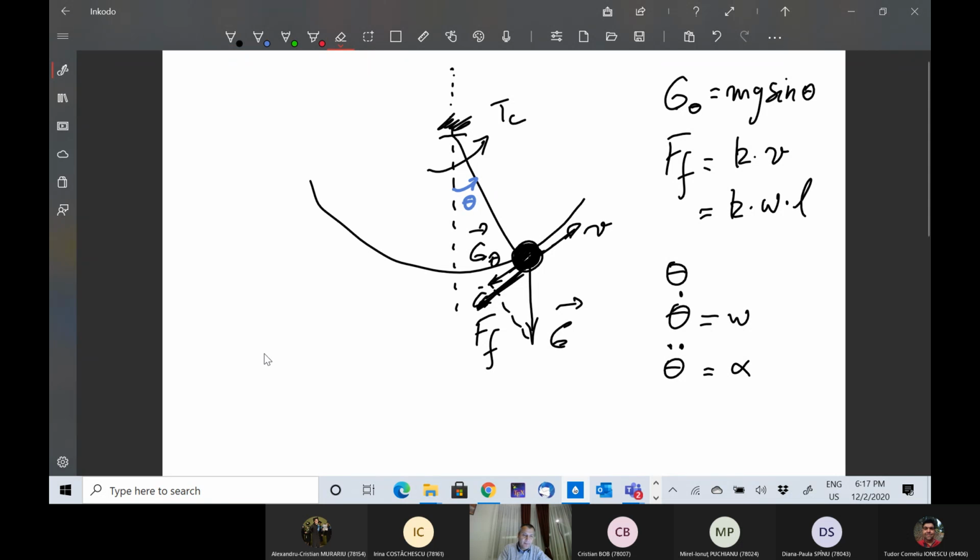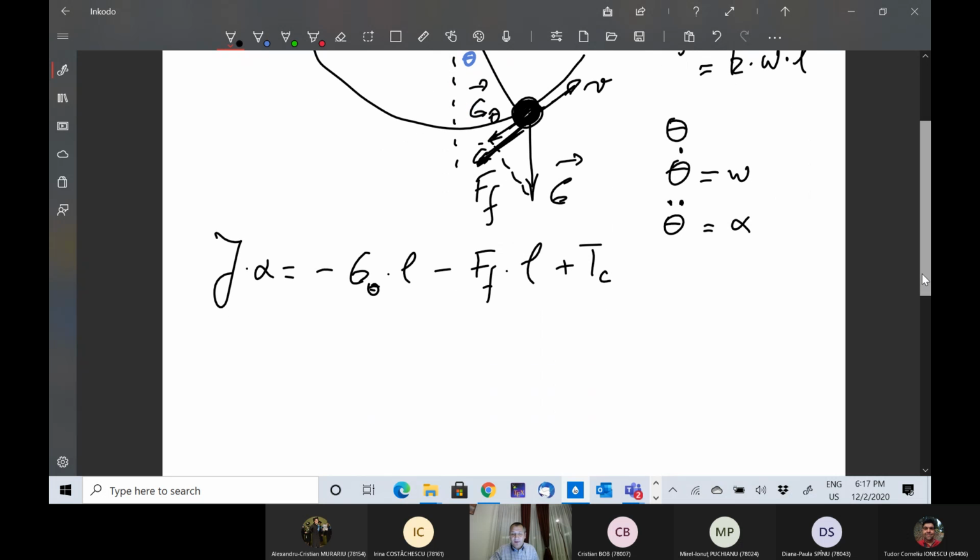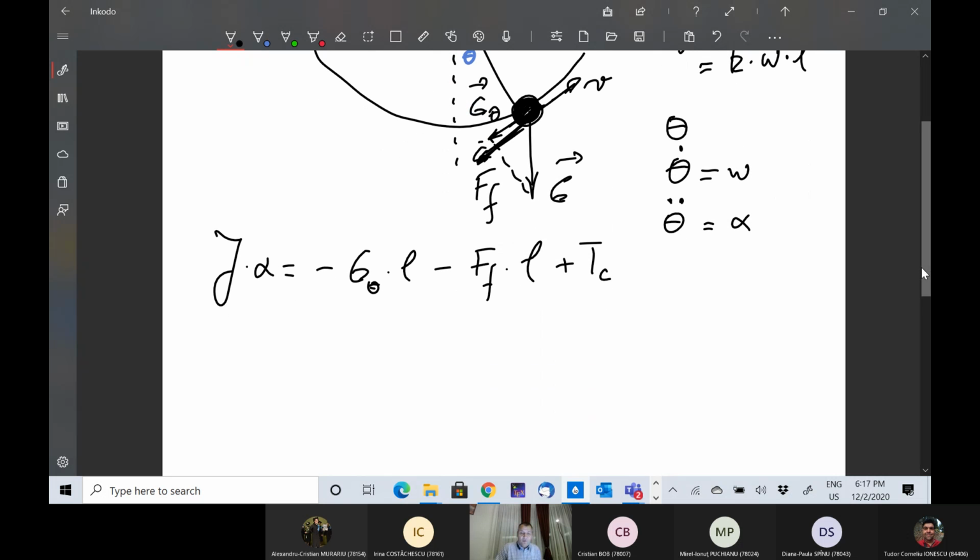So J alpha equals minus mg sin theta multiplied by L, minus friction force, plus, of course, the driving force. So we will end up with a differential equation, and finally with the system equation you have written already.